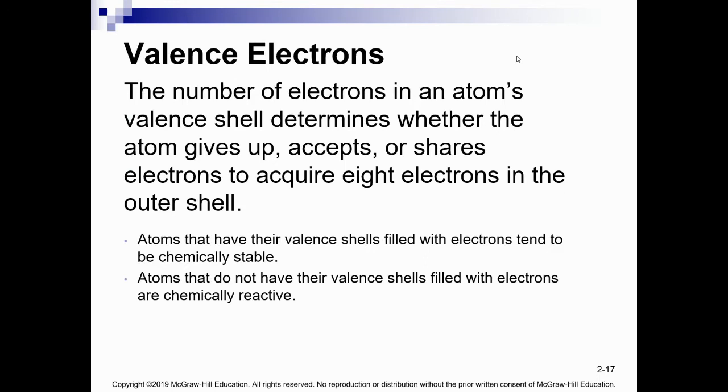So our valence electrons, the number of electrons in an atom's valence shell, determines whether the atom is going to give up those outer electrons, accept electrons from another atom, or share electrons in order to acquire their full outer shell.